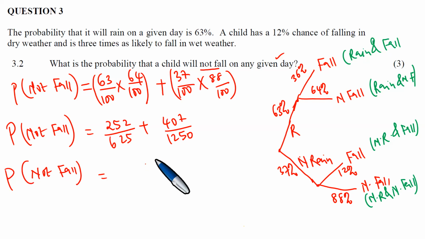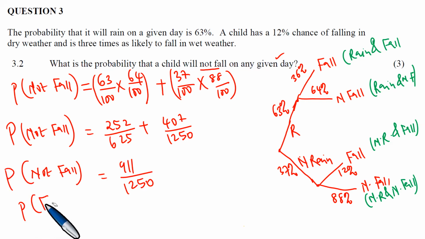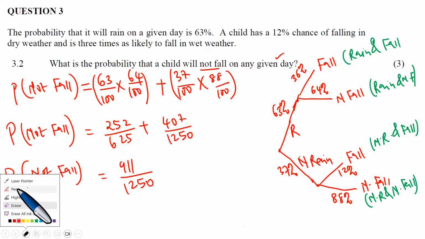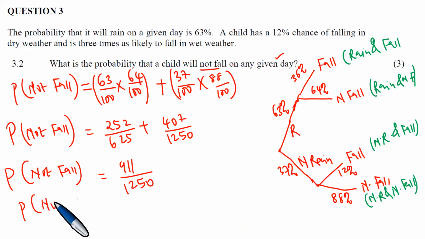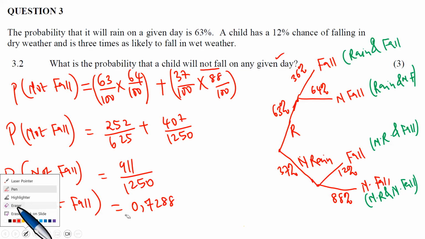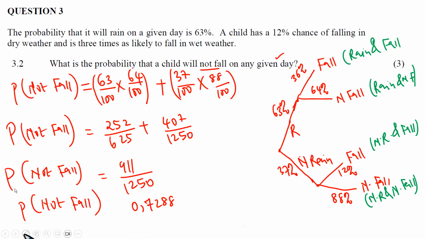So if you add this up, you'll get 911 divided by 1250. Use a calculator. The probability that the child doesn't fall is 0.7288.